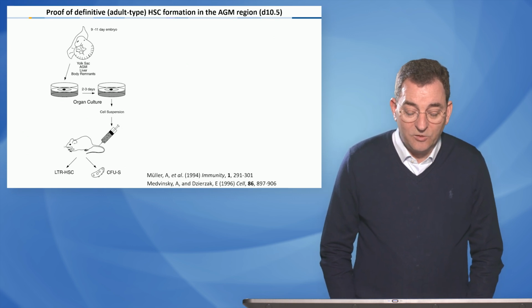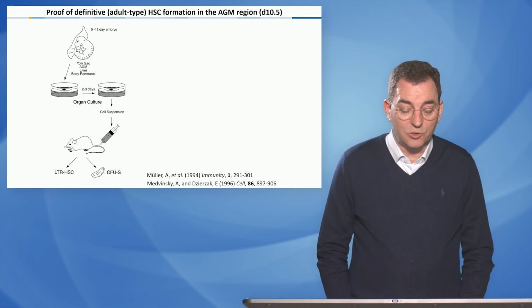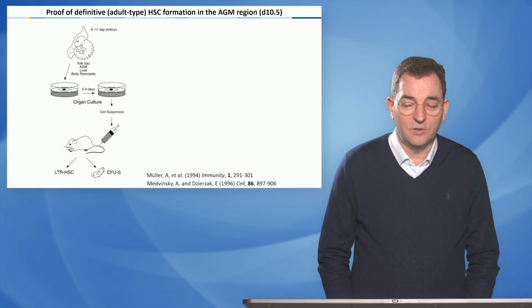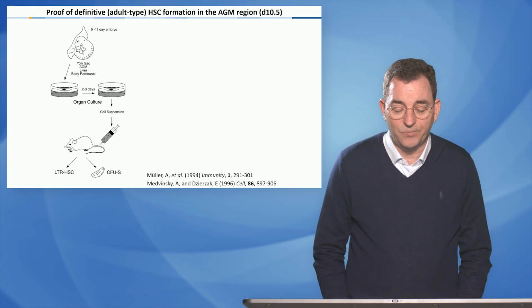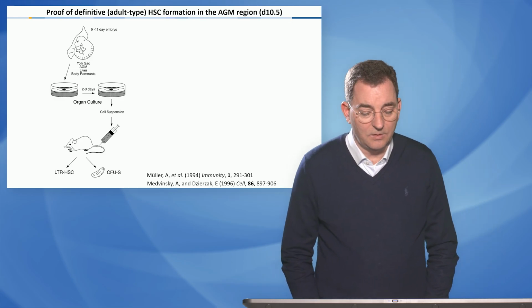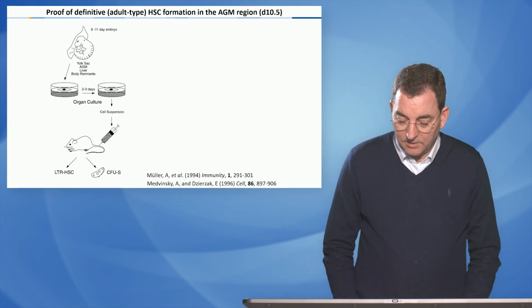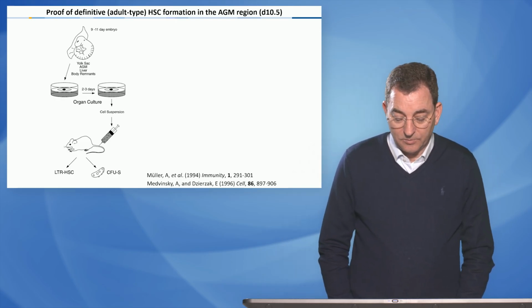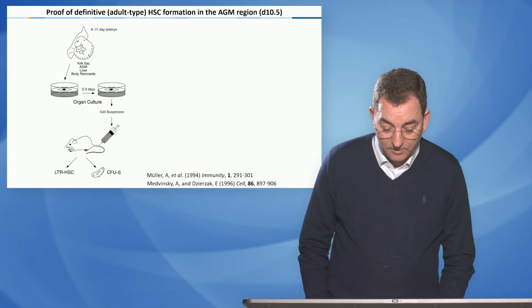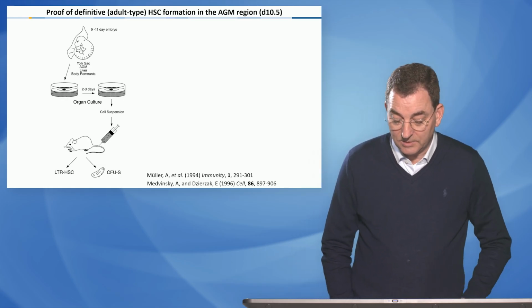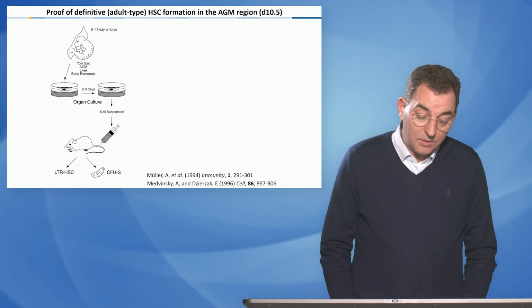But the pre-experiments, just showing when during development the very first hematopoietic stem cells form, were done in the early 90s by Albrecht Müller, a German scientist, and Alexander Medvinsky and Elaine Dzierzak.